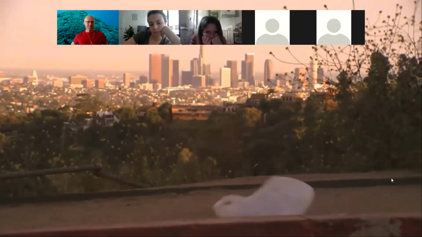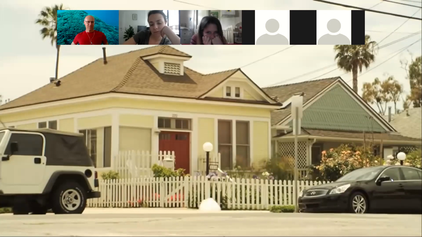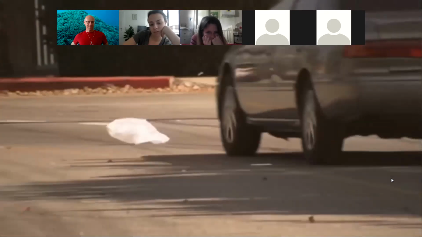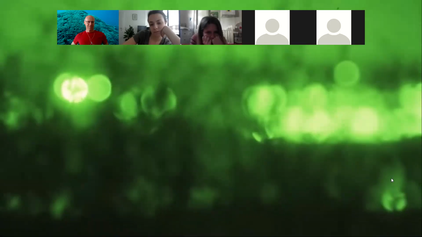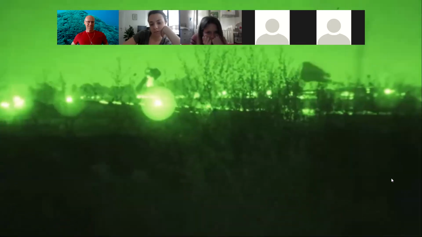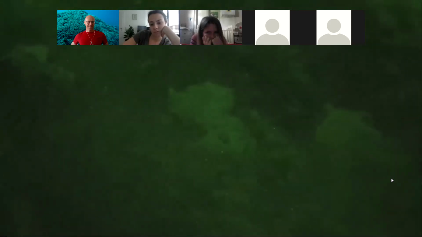Over the course of its miraculous migration, the plastic bag will cover vast distances through neighborhoods, across parks, and down city streets. It is now nightfall, and our highly advanced night vision cameras have managed to capture for the first time in history a plastic bag in pitch black. Phenomenal.